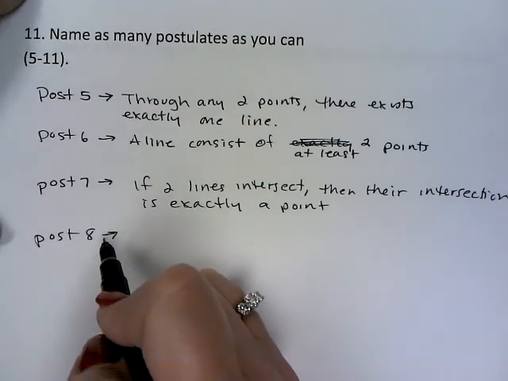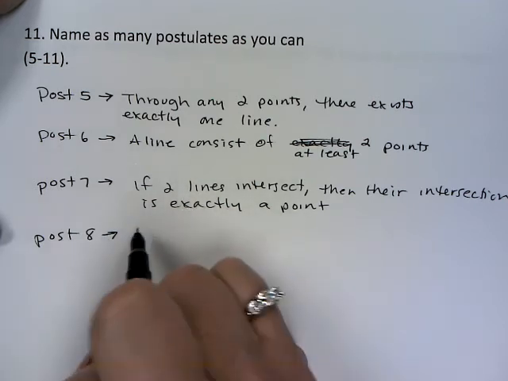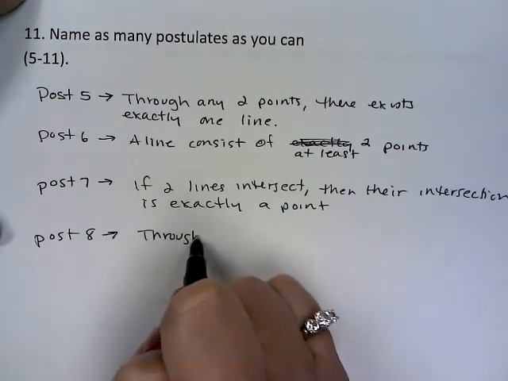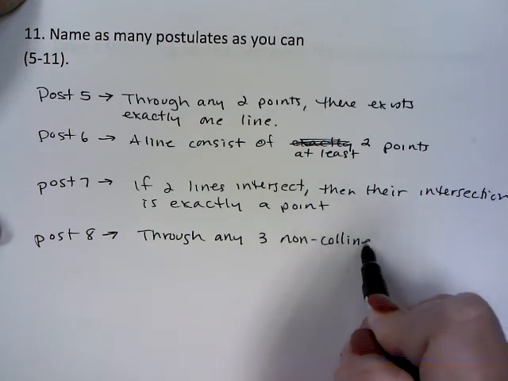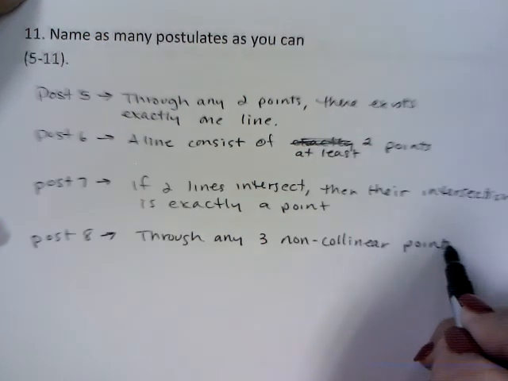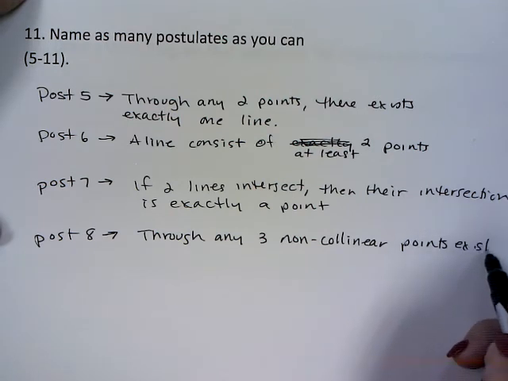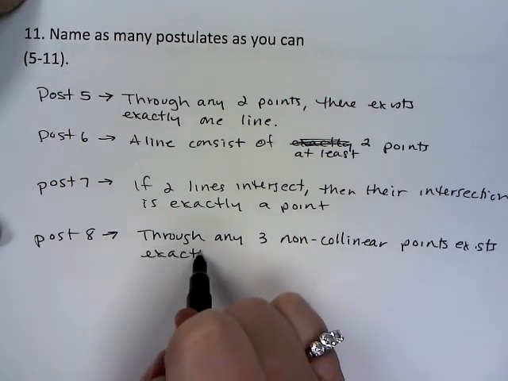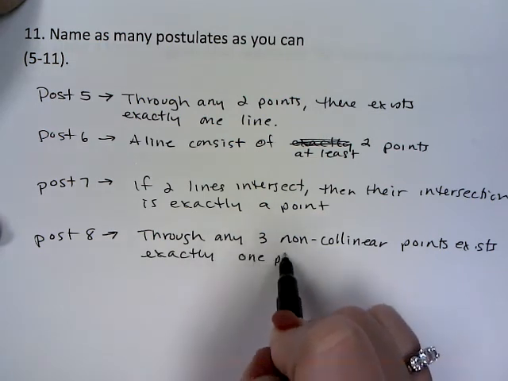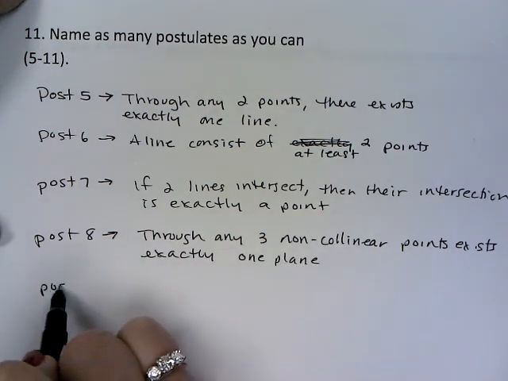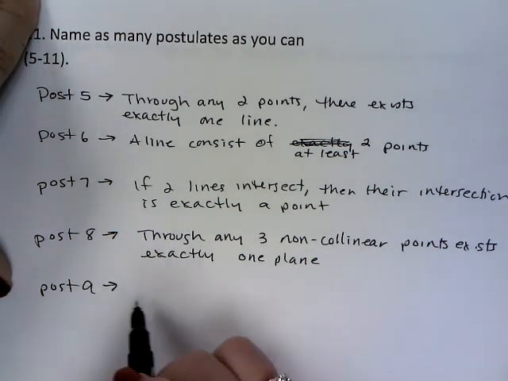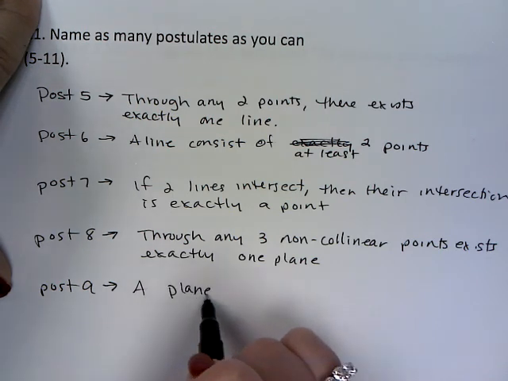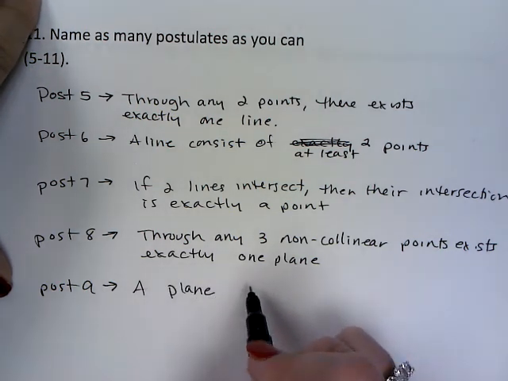Through any 3 non-collinear, means not in a line, points exists exactly one plane. Postulate 9. A plane consists of 3 non-collinear points. That means if I have a plane, I have 3 non-collinear points.